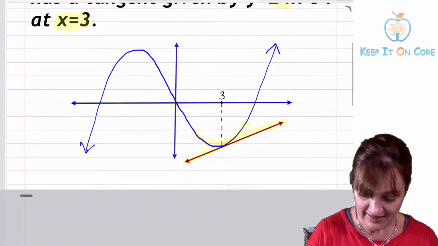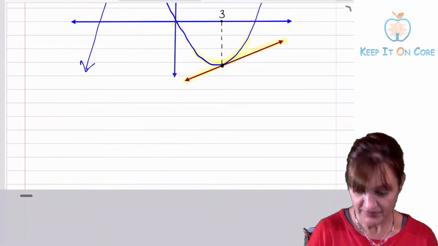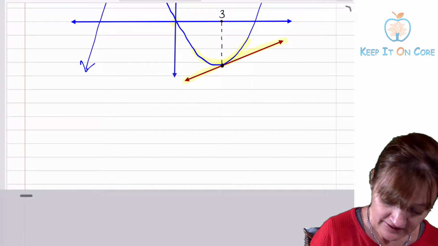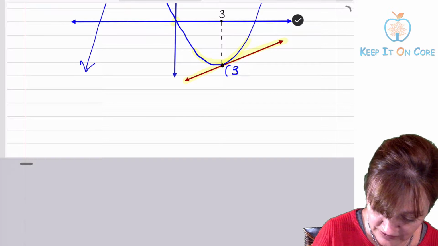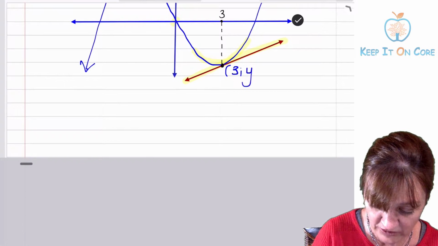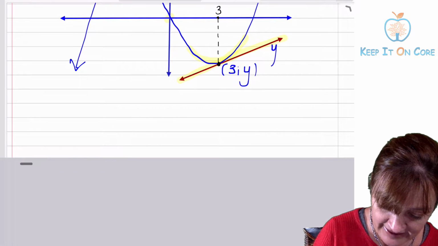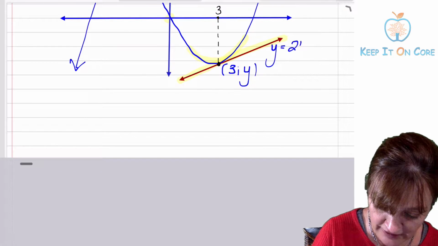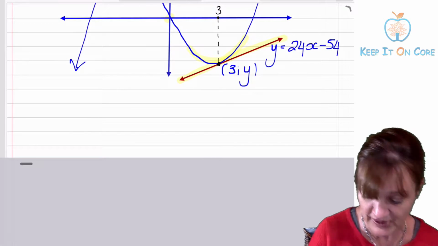And that point over there is what we actually call the point of contact. So right now what I know is that the point of contact has an x coordinate of 3. We don't know the y coordinate just yet. And we know that the equation of this tangent is y equals 24x minus 54, all right?